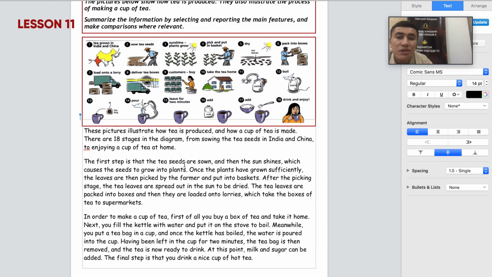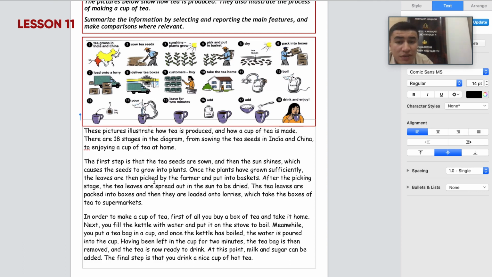As you can see, we are using passive voice here, and of course "which" to join two stages. Next, once the plants have grown sufficiently, the tea leaves are then picked by the farmer and put into baskets. Picking and putting in baskets, and this is extra information here: once the plants have grown sufficiently.